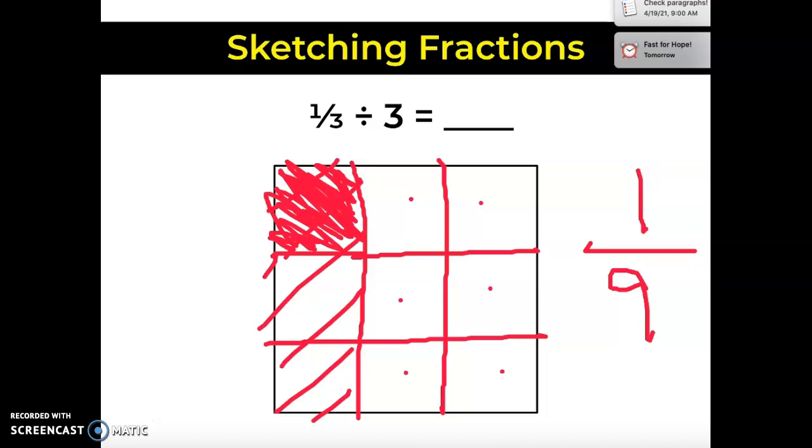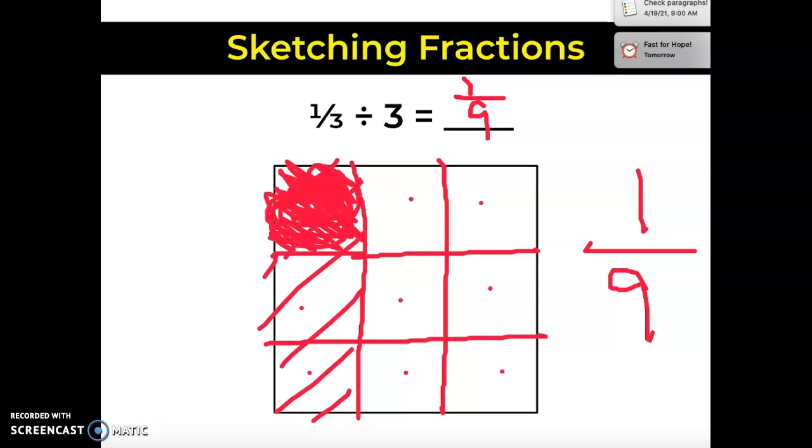So they each get 1/9 of the pan. Because we're not just thinking of 1/3 of these pieces, we're trying to think of the entire pan. And so this little chunk here is 1/9 of the entire pan of brownies. So 1/3 divided by 3 equals 1/9.